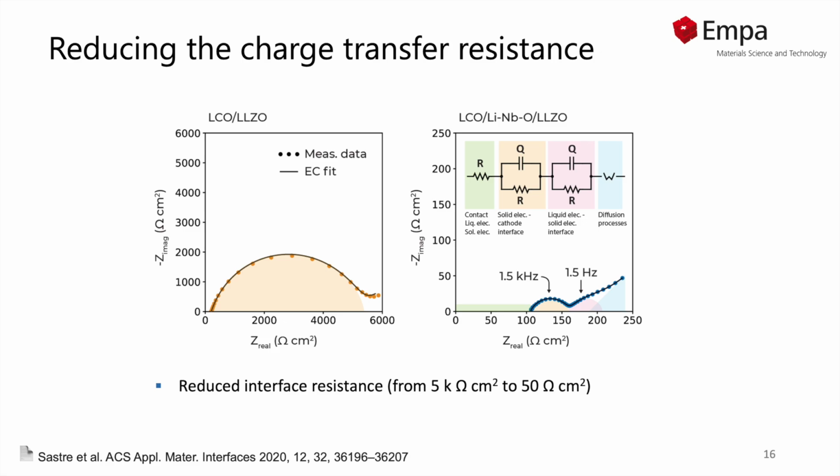Non-modified LLZO, LCO half cells show an ionic transfer resistance of about 5 kilo ohm per square centimeter, which is a rather high value. Whereas in the niobium oxide modified half cells, the interface resistance is drastically reduced to only 50 ohm per square centimeter. This value constitutes a record for an LLZO, LCO, all inorganic interface.